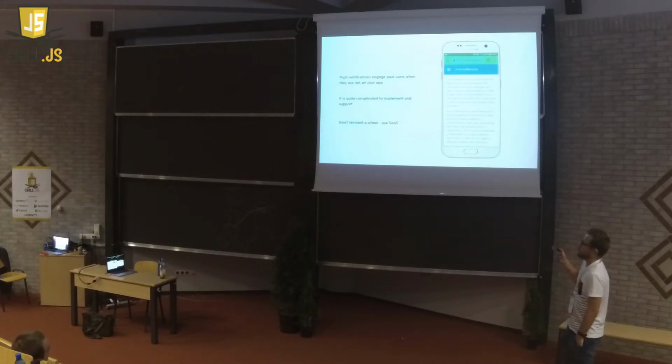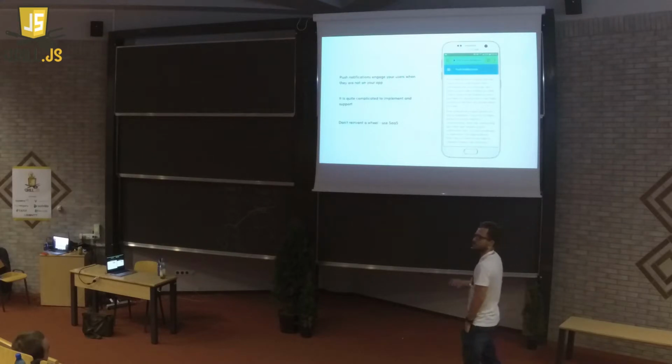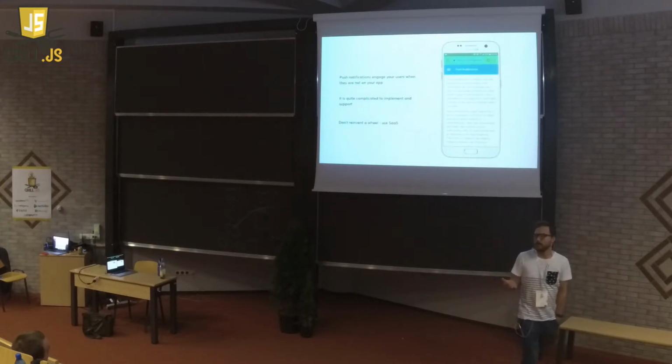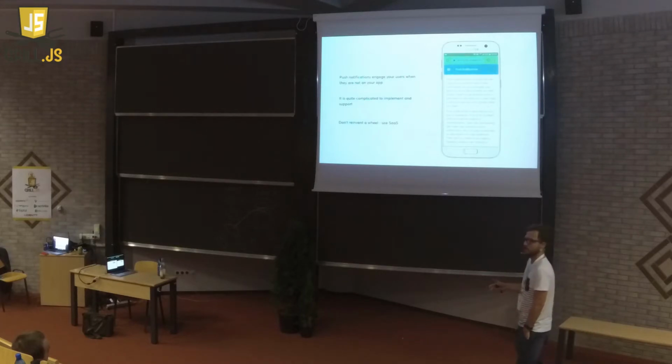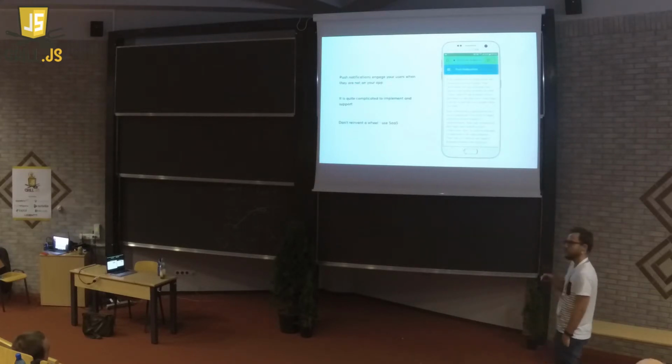So push notifications engage our users, but the implementation of push notifications is actually pretty complex because they are supported on a couple of platforms. First, it's Chrome desktop, Chrome Android, Safari desktop, but not Safari iOS, and I think Firefox, but I'm not sure. And each of these implementations is different.